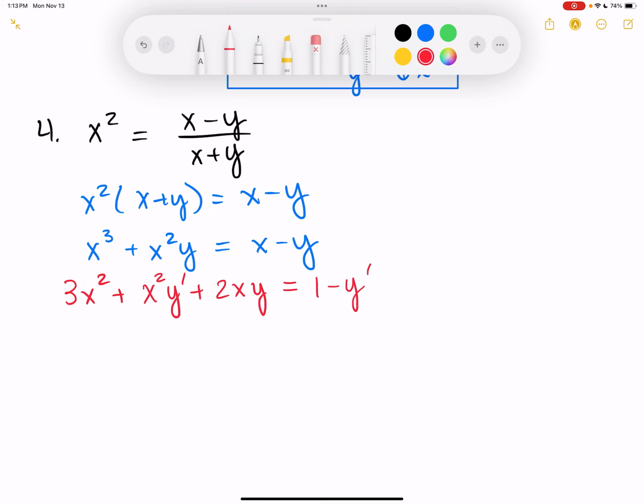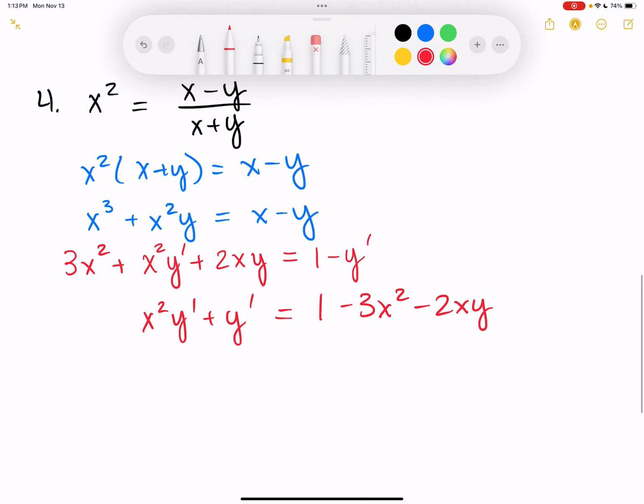So you've got to get the y primes on one side. I'm going to move the y primes to the left, everything else to the right. So x squared y prime plus y prime equals 1 minus 3x squared minus 2xy. Take out a y prime.